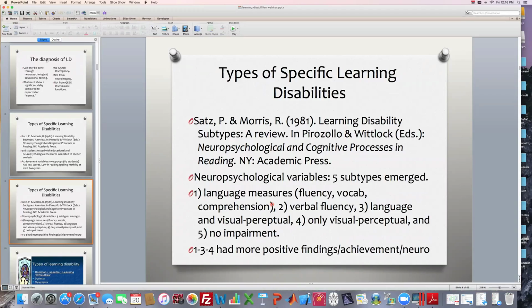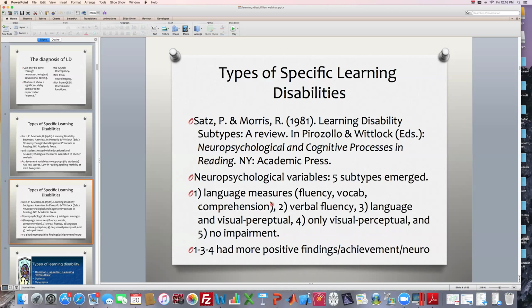They include students that were low in language measures, measures of verbal fluency, vocabulary skills, comprehension. The second group was those that only were low in verbal fluency. The third group were those that were delayed in language and visual perceptual abilities, both.